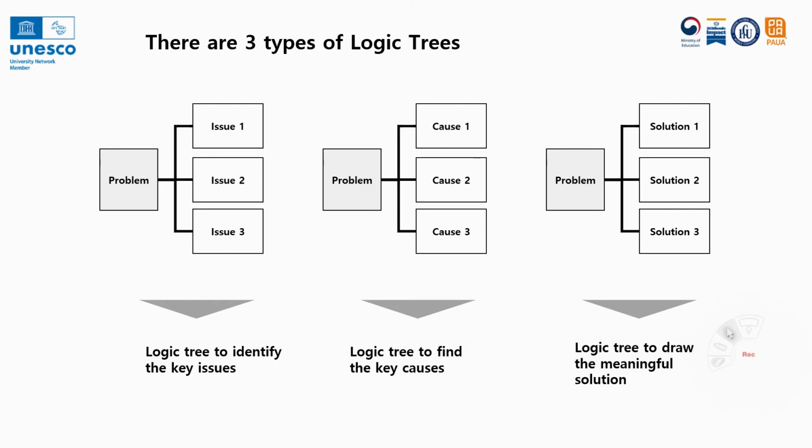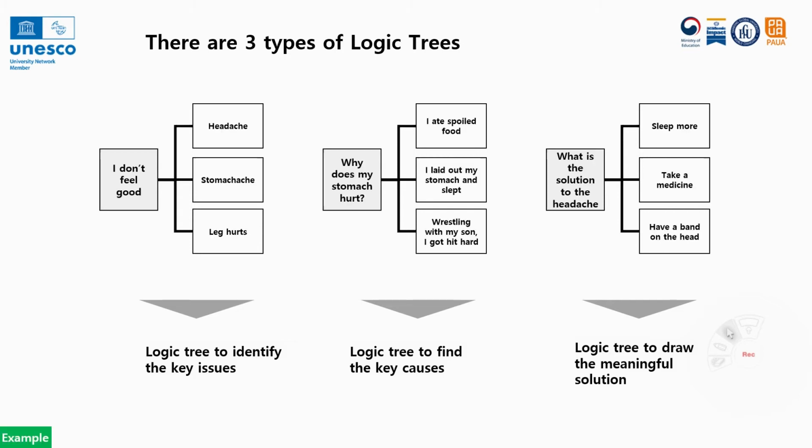You may use any type of logic tree which is suitable to disaggregate sophisticated problems, or for your own purpose you can choose any one if you like. This is an example of three different types of logic trees. So first, on your left-hand side, this is the logic tree to identify the key issues.